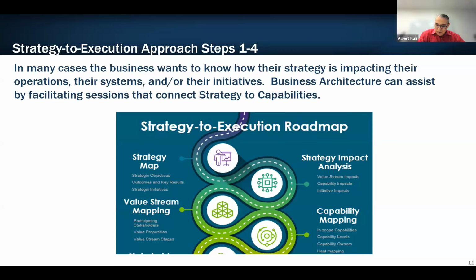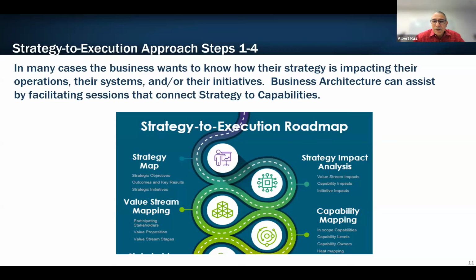But we also assist the customer in refining their thinking of what truly is impacting their expected outcomes. So it's significant to keep in mind, as Ben had mentioned, if you're trying to go from strategy to execution, you want a particular set of outcomes. Our focus many times from a business architecture perspective is a capability-based approach.